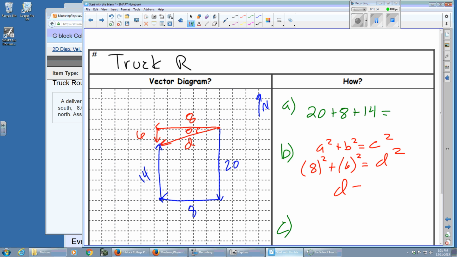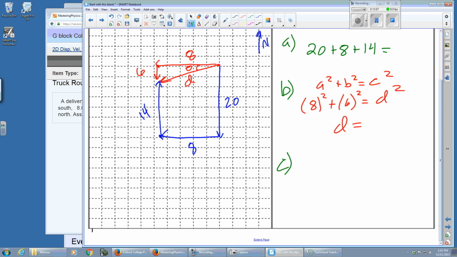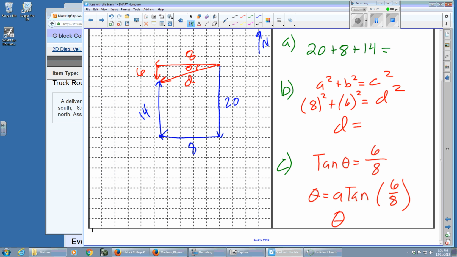And so D equals. And then to find theta, I know the opposite and the adjacent again, right? So tan theta equals opposite 6 over adjacent 8. So I do the arctan of each side. I get theta equals arctan of 6 over 8, and that gives me theta.